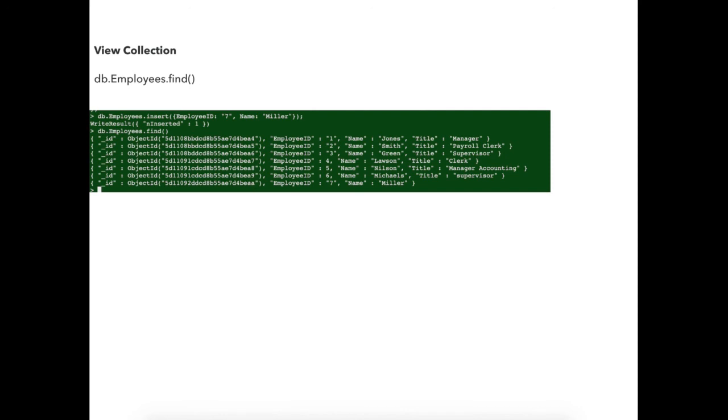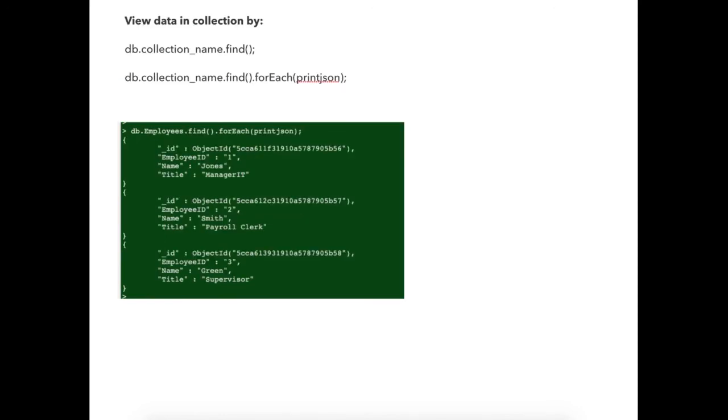But as you can recall, here I used the example of db.collectionname.find with forEach and printjson, and this prints out the information in a more presentable manner.